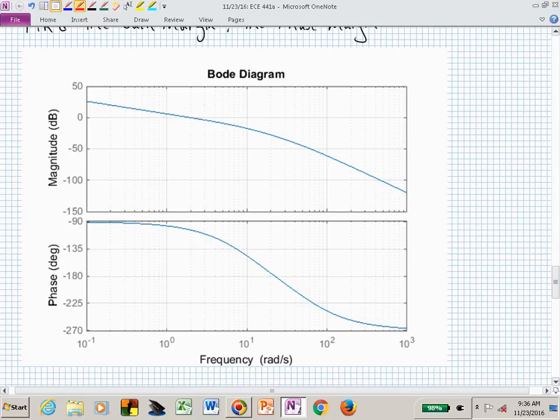If you're looking at the denominator of a classical system, it's 1 plus G of s. If you now solve that for G of s, what's G of s equal to? It's now equal to minus 1, isn't it? Minus 1 is that magic number. Minus 1 we can write as minus 1, or we can write it as 1 at an angle of minus 180.